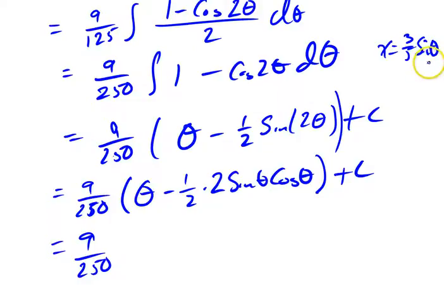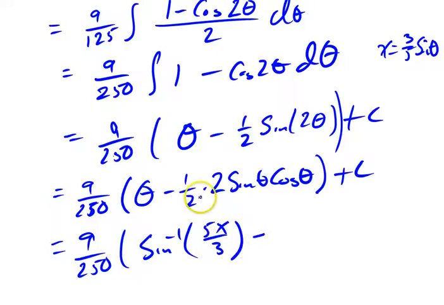I need a theta. So theta is, solve for theta here, 5x divided by 3. So that's the inverse sine of 5x divided by 3, minus, the 2's cancel out, the sine of theta is 5x over 3.